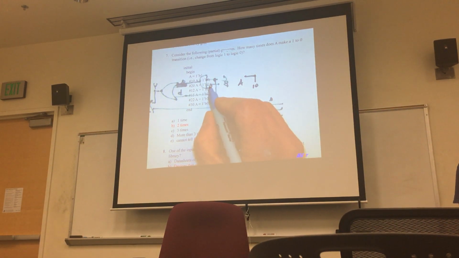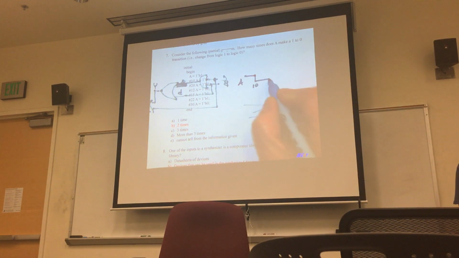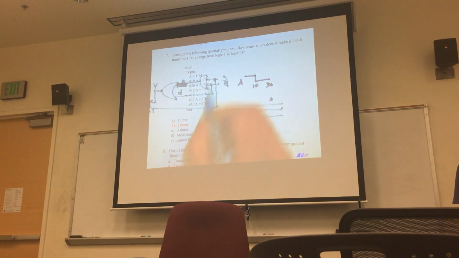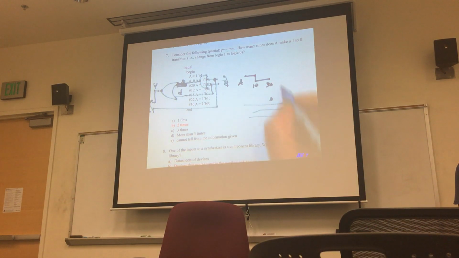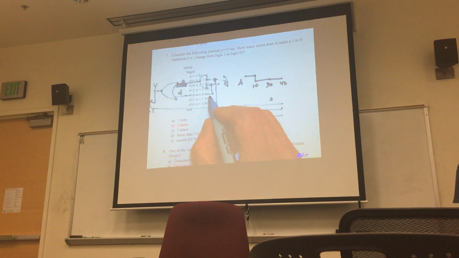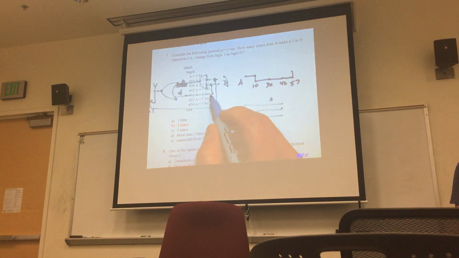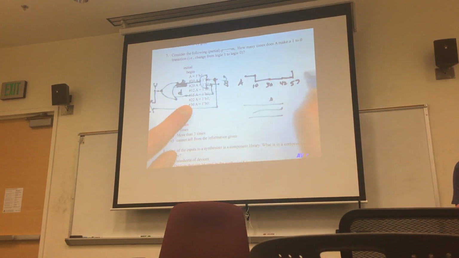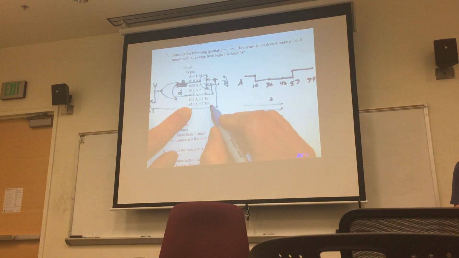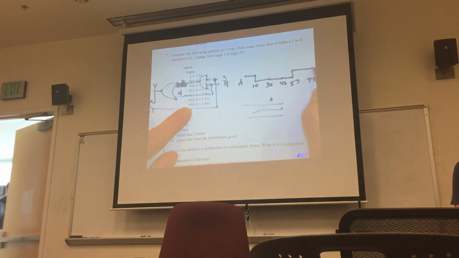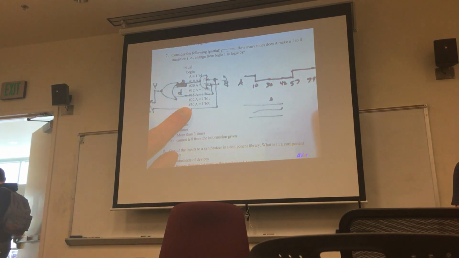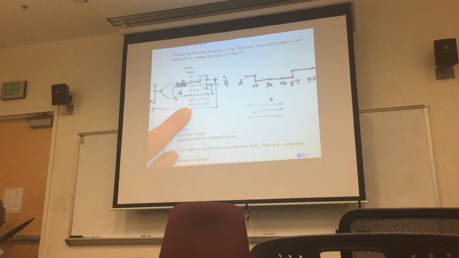At 20 time units, so this would be a 30, it's still a 0. At 42, it's still a 0. At 57, if I'm doing this adding right, it's a 1. At 79, it's still a 1. And then at 109, it goes to the 0.